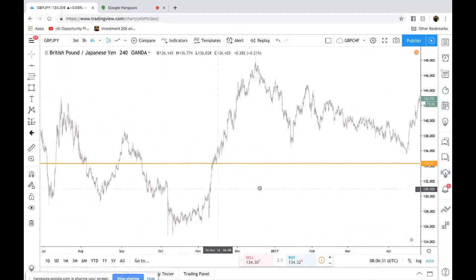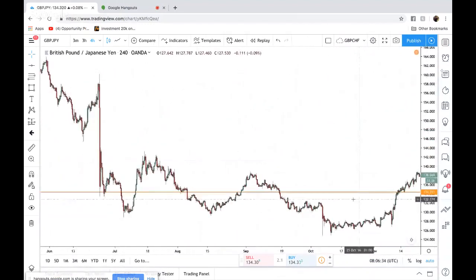As you can see, I had to go all the way back to 2016 to find some price action.